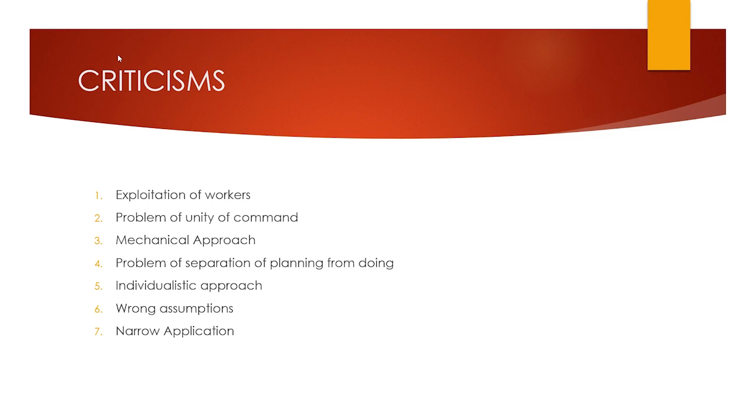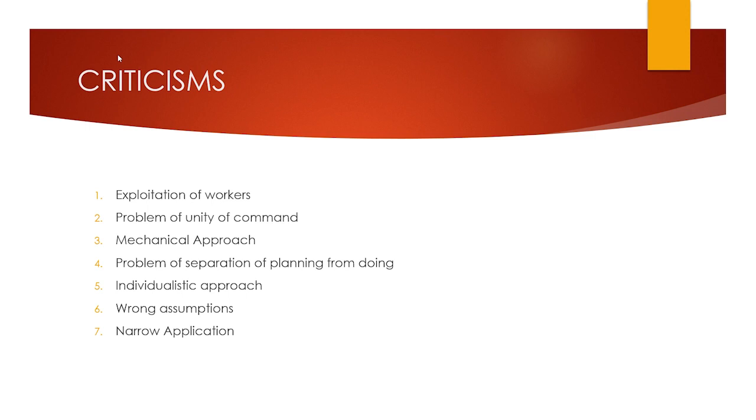Since he was a mechanical engineer, that was a drawback. Next, problem of separation of planning from doing. Taylor said to separate planning from doing, but in reality, we cannot separate planning from doing. This created monotony among the people in the organization.